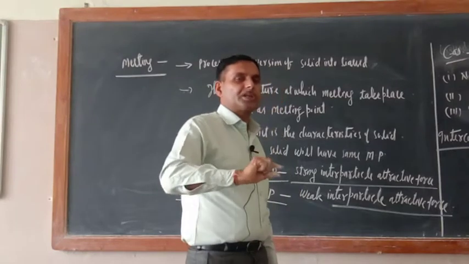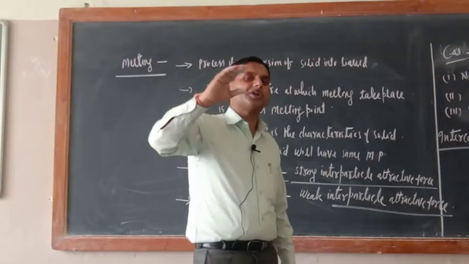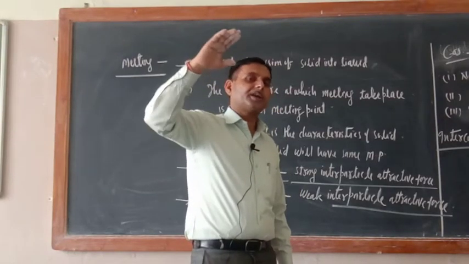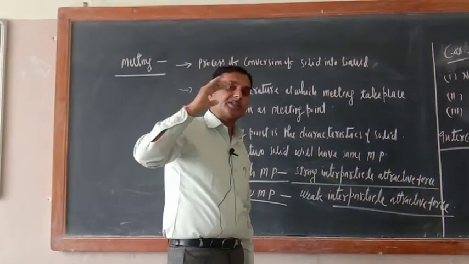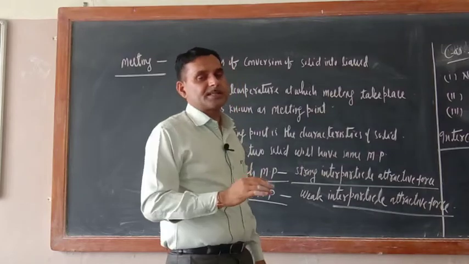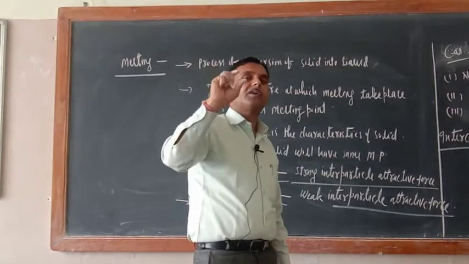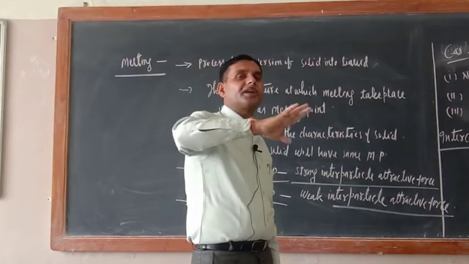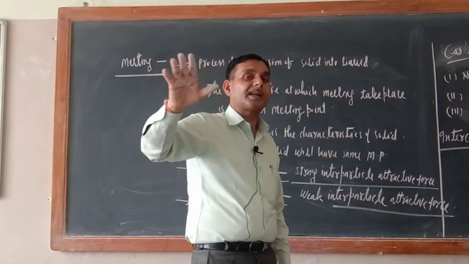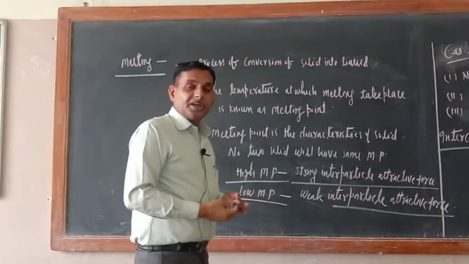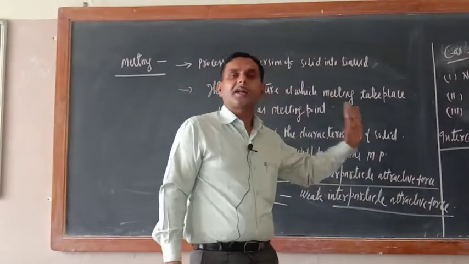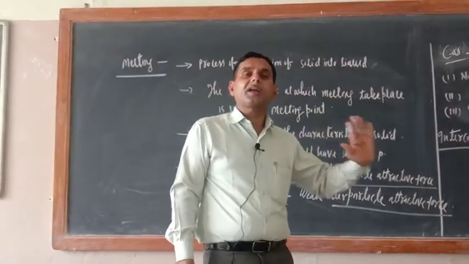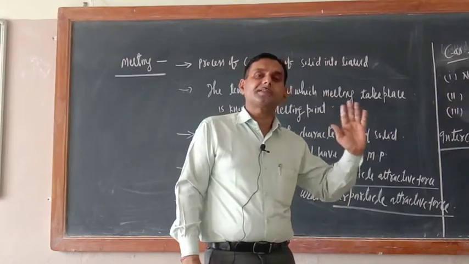Initially what would be there? 1 degree, 2 degree, 3 degree, 4 degree, and now the reading of thermometer will reach 10 degrees. When it reaches 10 degrees Celsius, for some period of time the reading of thermometer will stagnate. Why? It will stagnate till the entire interparticle attractive force of that solid gets broken.